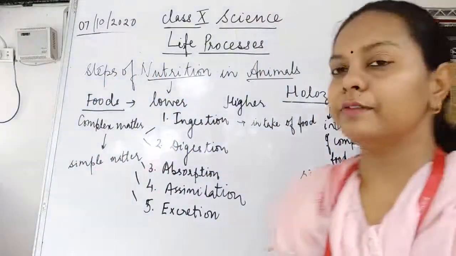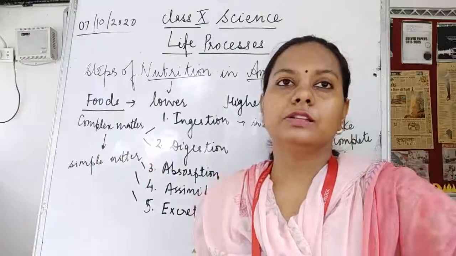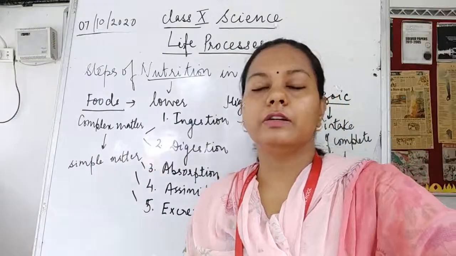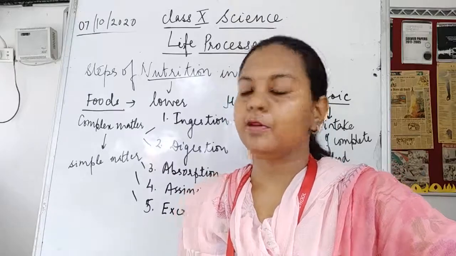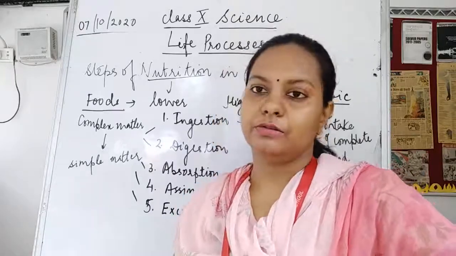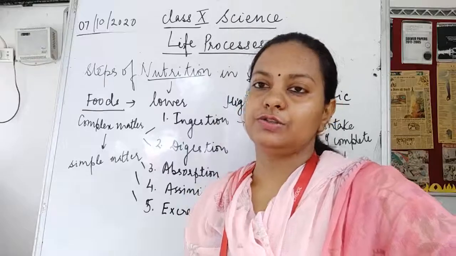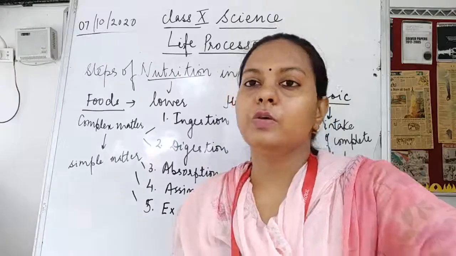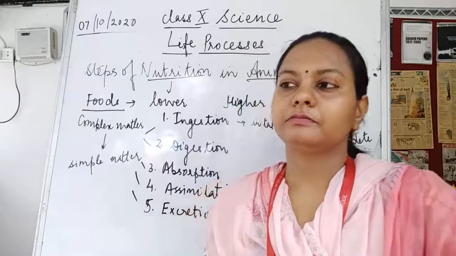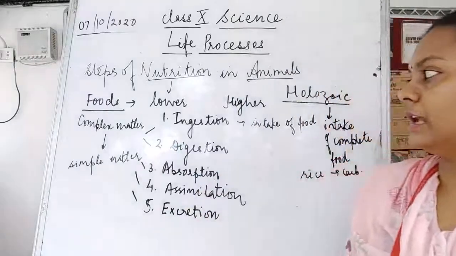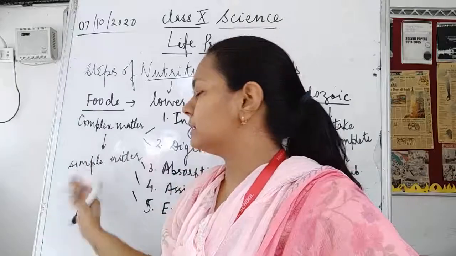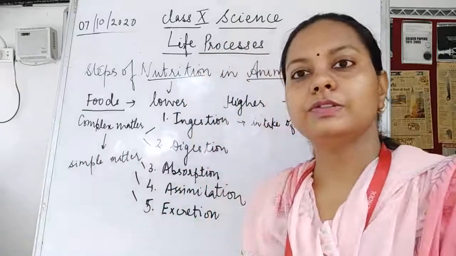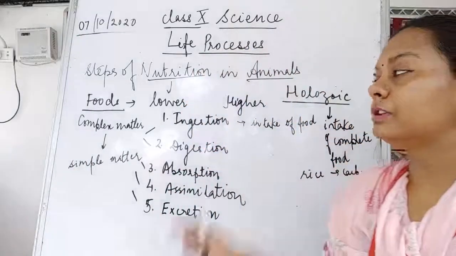And lastly, whatever is left behind, whatever is not getting digested, whatever is waste for the body, is thrown out from the body by the process called egestion. Okay, excretion or egestion. So these were the 5 steps required for nutrition in animals, for converting food, which is a complex matter, into a simpler matter. Okay, so this is about nutrition in animals.